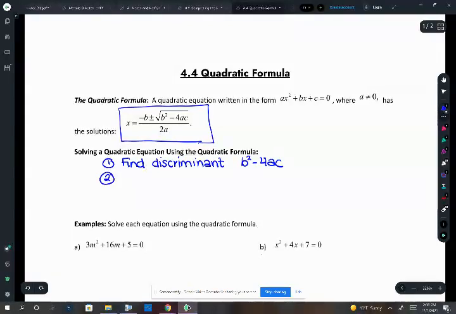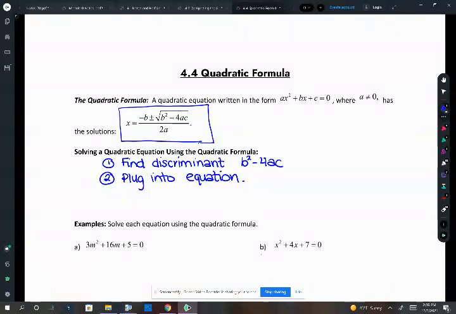Once I've done that, I'm going to plug the values into my equation up above. If we find the discriminant first, then we can just put that number right underneath the radical and get our answer. Then we're going to simplify.